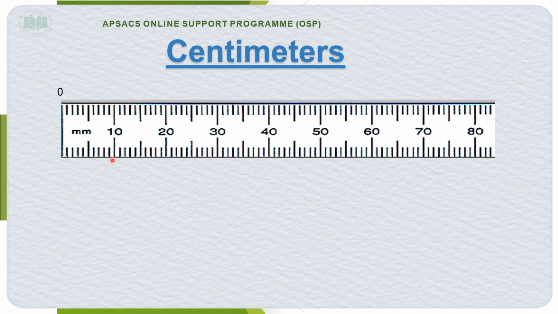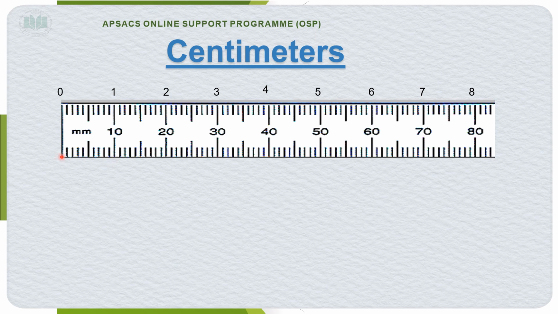So this is zero and from 0 to 10 is 1 centimeter. 10 to 20 is another centimeter, so it becomes 2 centimeters. 30 is 3 centimeters, 40 is 4 centimeters, 50 is 5 centimeters, then 60 is 6 centimeters, 70 is 7 centimeters and 80 is 8 centimeters.